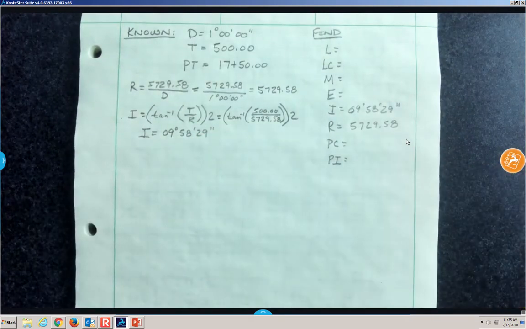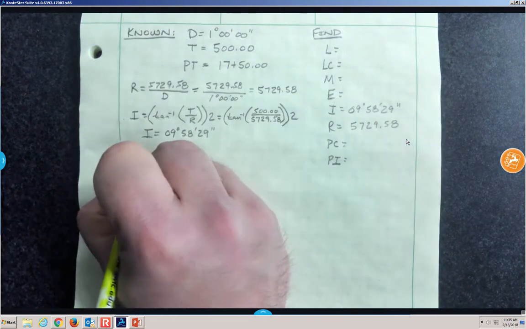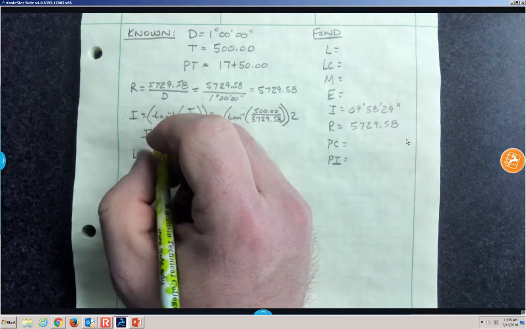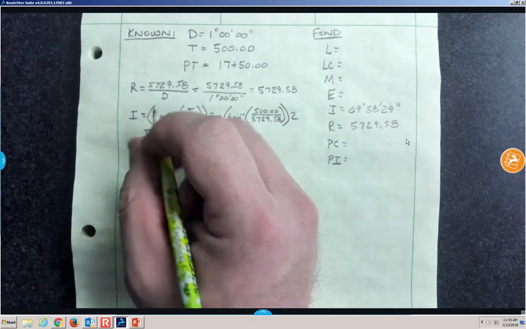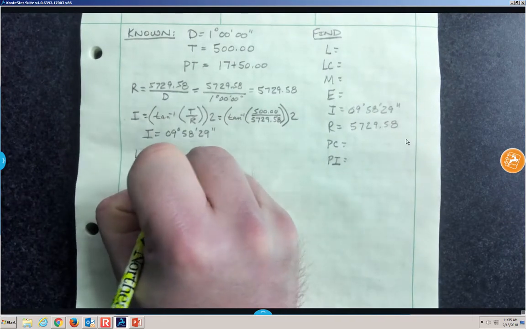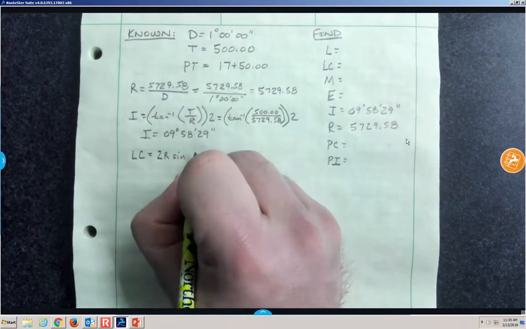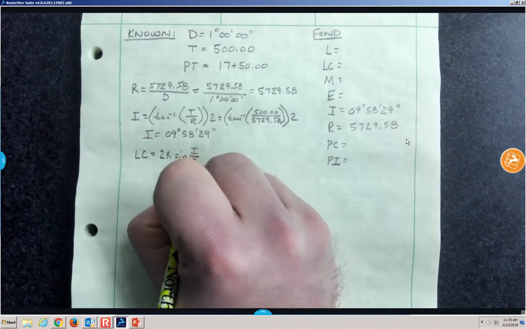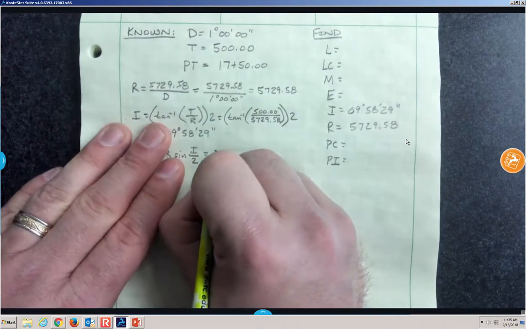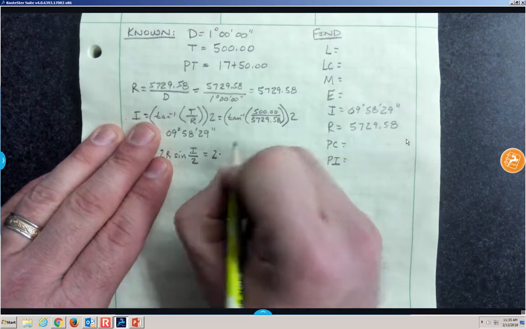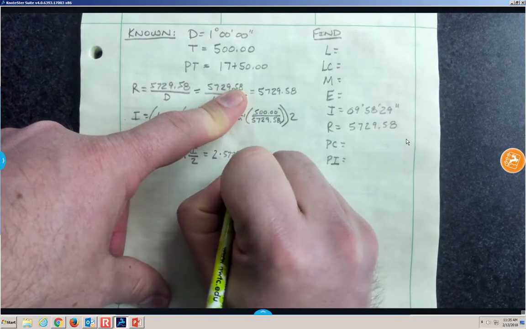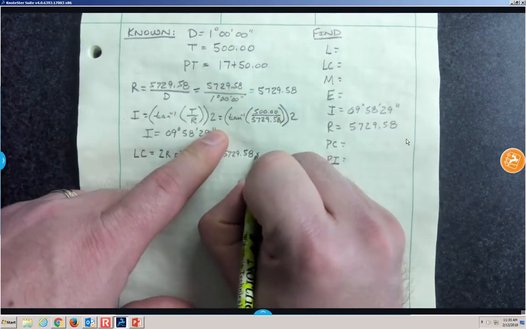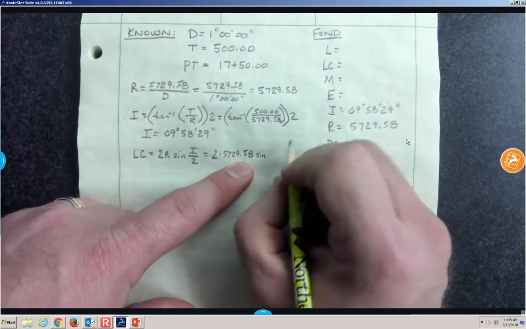Okay, what next? LC, you want to find? How do we find LC? 2R sine of I divided by 2. So 2 times R, R was 5729.58, times sine of I over 2.